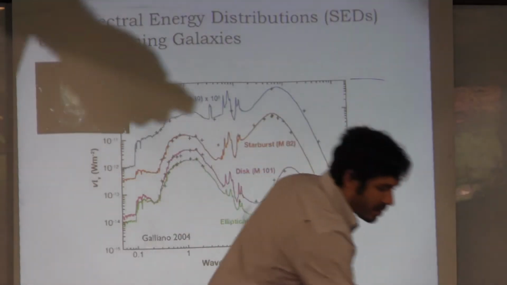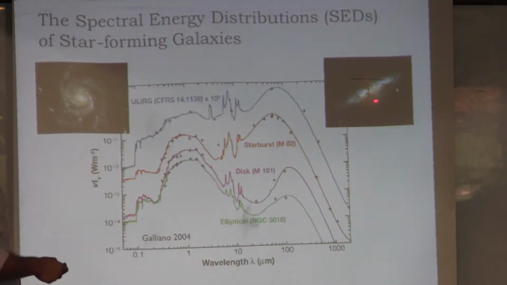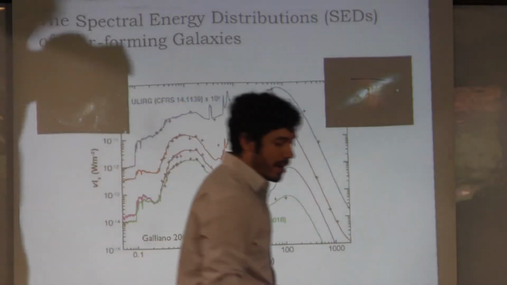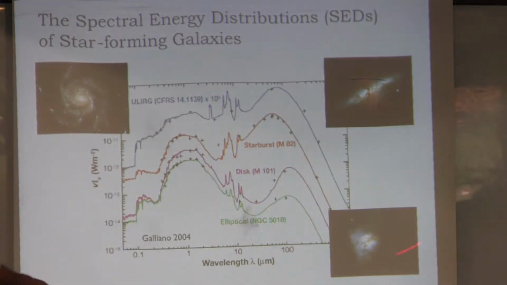As you go to systems that form stars in a more violent way, like M82, you see that the contribution to the spectral energy distribution from thermal emission from the dust is considerably higher than in the case of M101, a normal galaxy. And when you go to very luminous systems like this one here, which by the way does not correspond to this galaxy, it's what we call an ultra-luminous infrared galaxy.